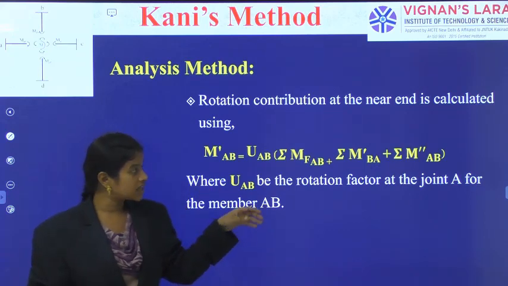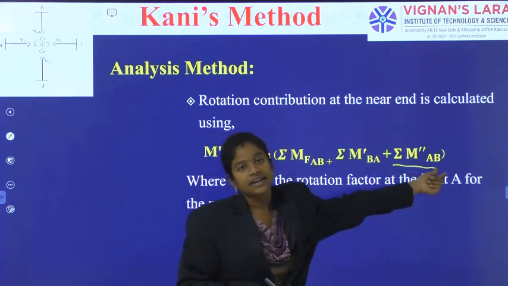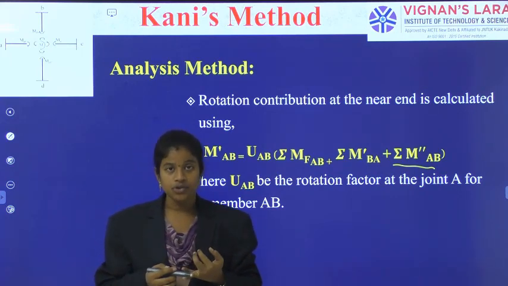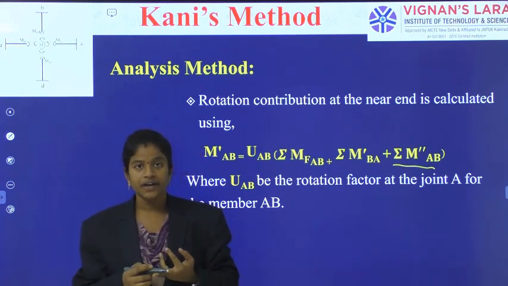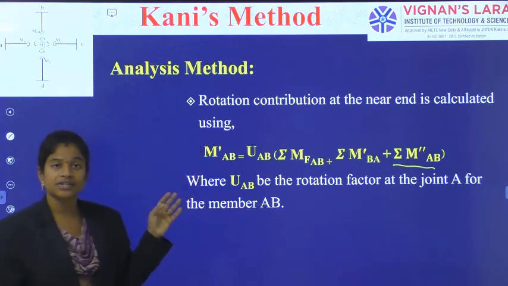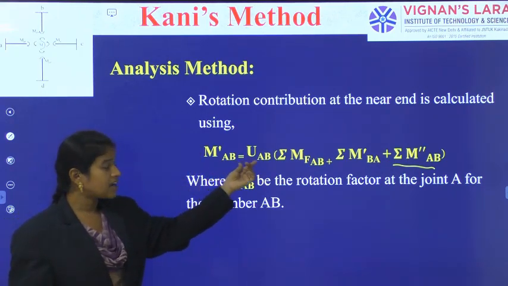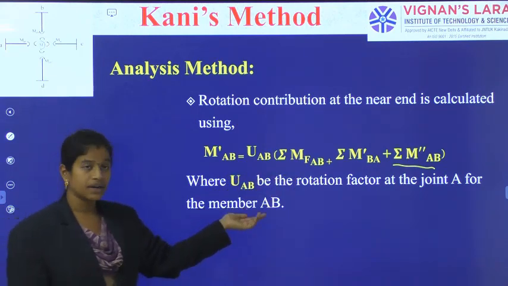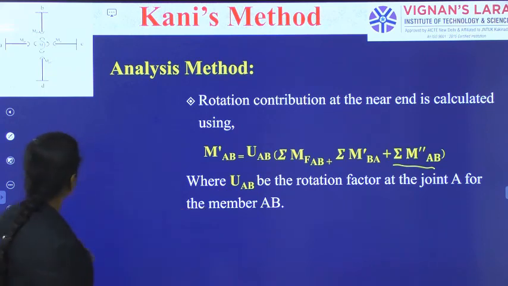Here, what is the new thing happening? Here, I am adding this part. So, the sum of the fixed end moments, the sum of the rotation contributions of the far end, and the sum of the displacement contributions. Okay. So, displacement contribution at the near end. Okay. And UAB is the rotation factor at the joint A for the member AB. Okay. At A towards B.